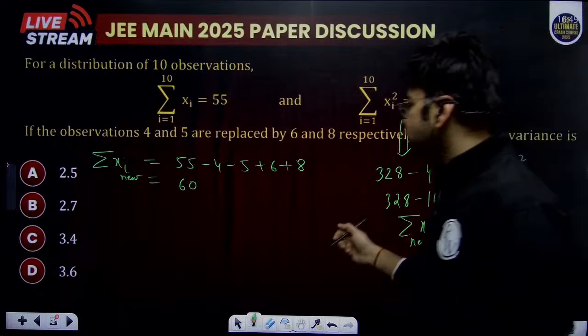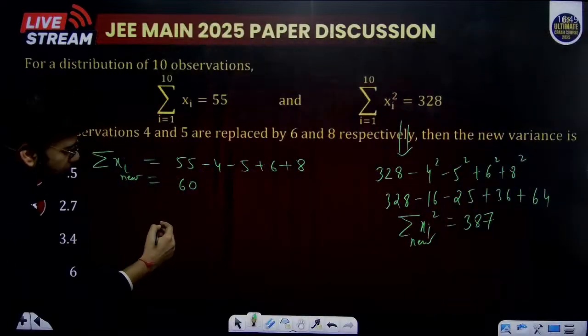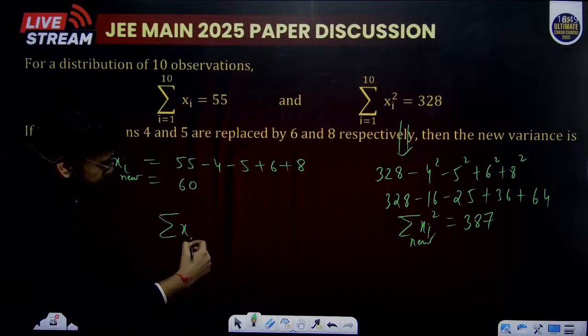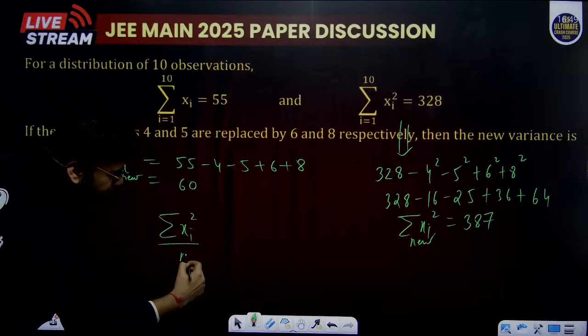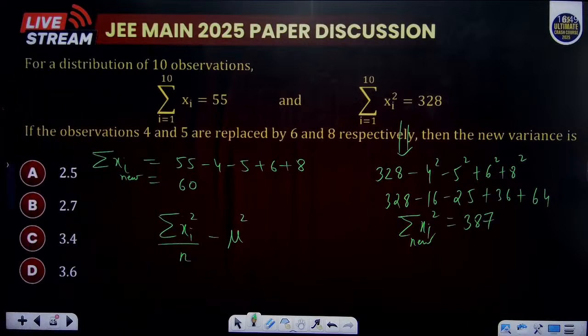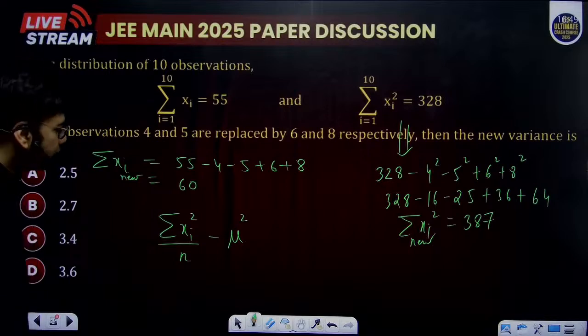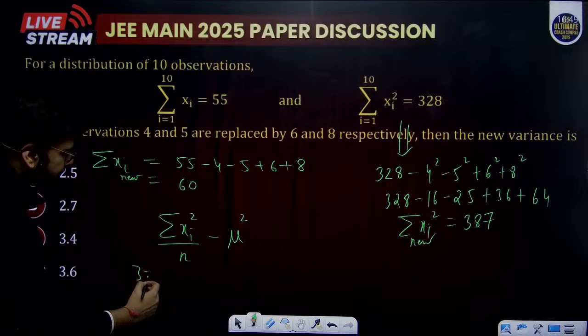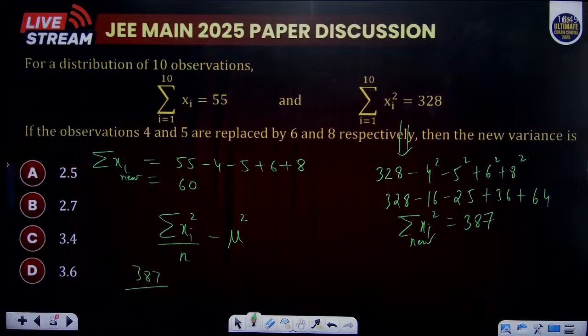So what will be the new variance? So what is the formula of variance? Sigma xi square upon n minus mu square. So let's substitute the values. What are we getting? 387 upon. What is the value of n?